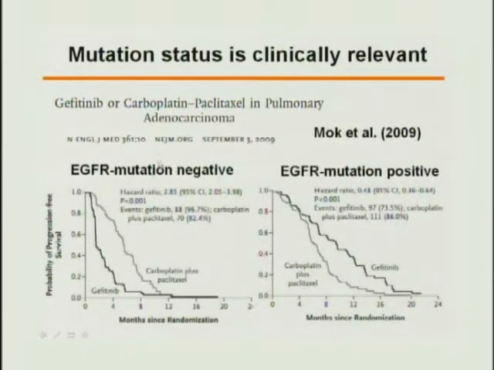EGFR mutation negative patients respond better to one therapy, and EGFR mutation positive patients respond better to the other. So there's a clear rationale for sequencing here as influencing therapeutic choices.